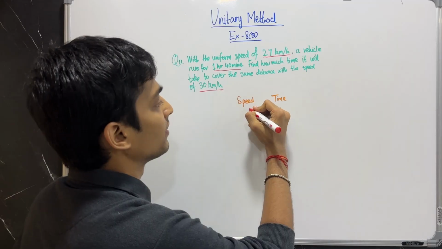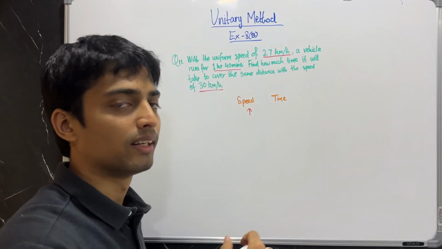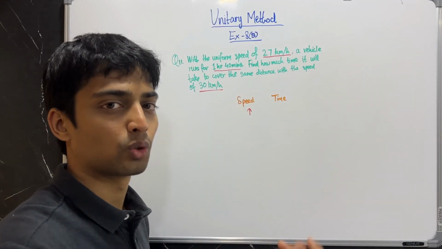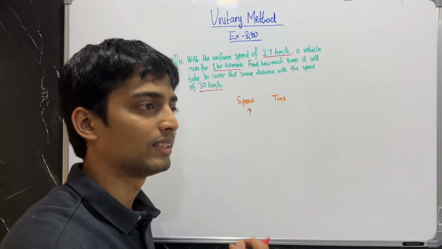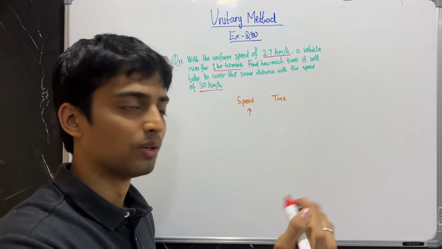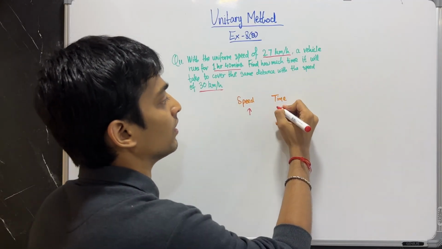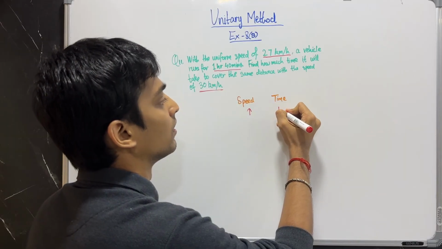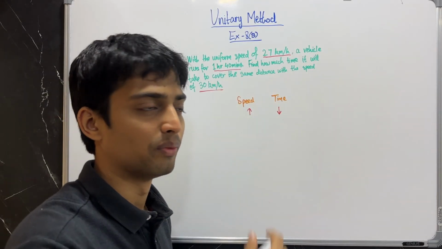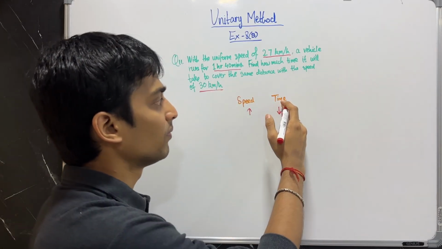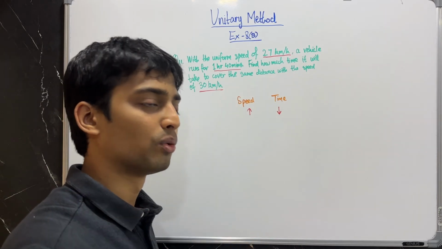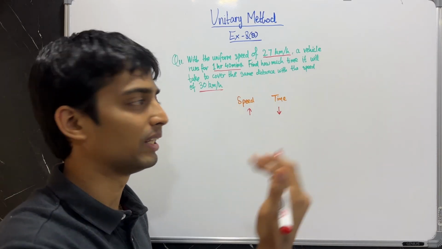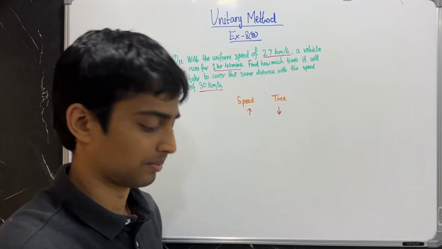If the speed is increased, then it will reach quicker. The time to reach a certain amount of distance will reduce. If the speed is less, where it's going very slow, then the amount of time it will take to reach the destination will be higher. So it is an inverse variation.